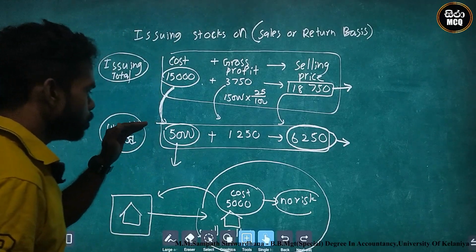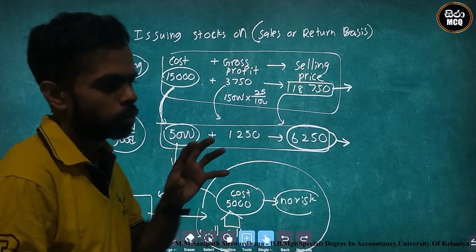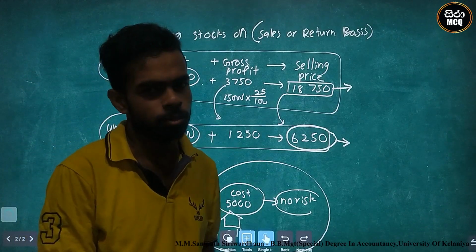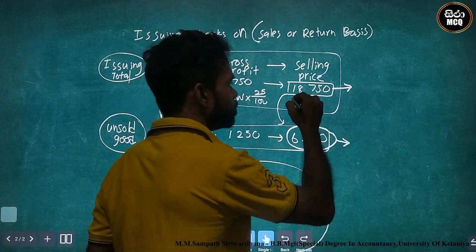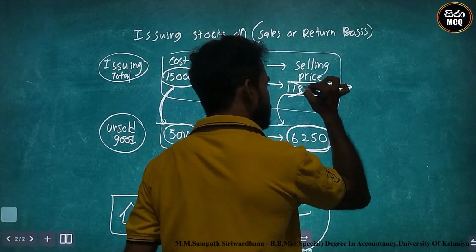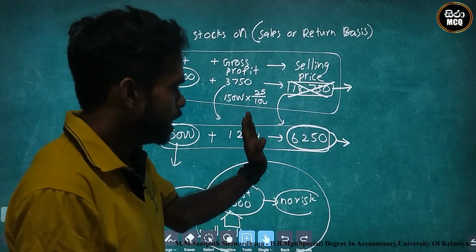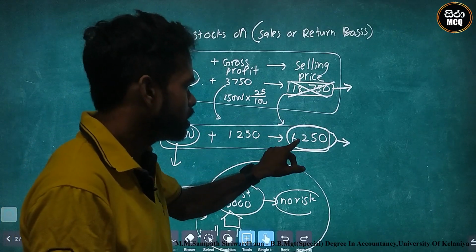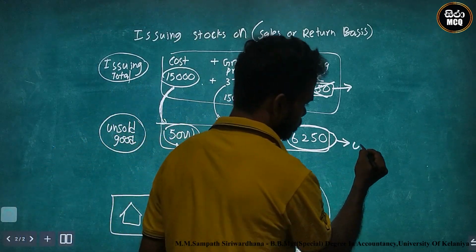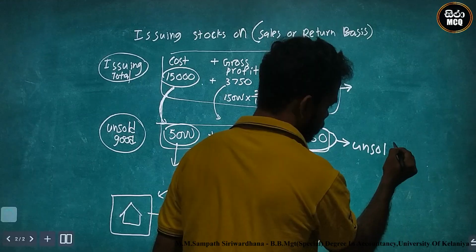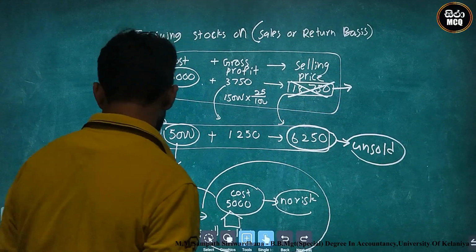Okay, the closing stock was impacted 5,000. Why? Cost is impacted to closing stock, and the total sales value is not 18,750. Actual one is without 6,250. Why? This is unsold. Therefore, we must eliminate these sales from sales.